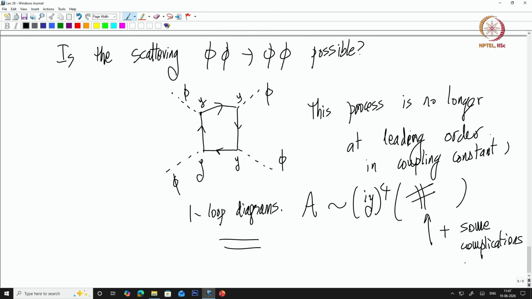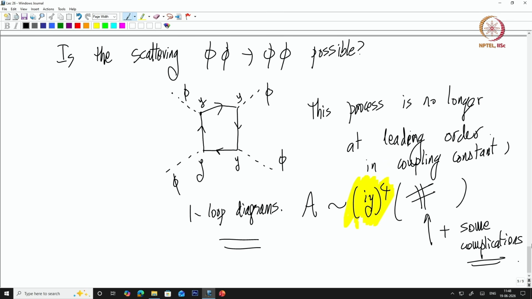We will come to these complications soon. But then for the phi phi to phi phi scattering cross section, at the leading order it appears at y to the power 4. So, this is a higher order compared to the other process.